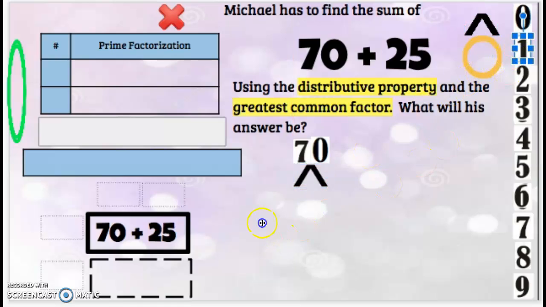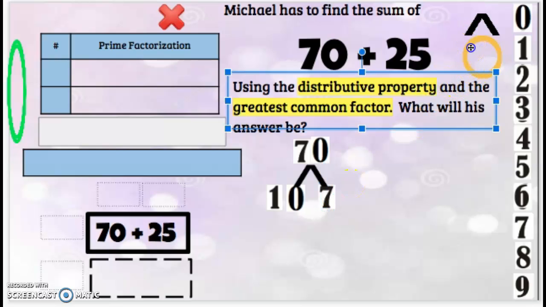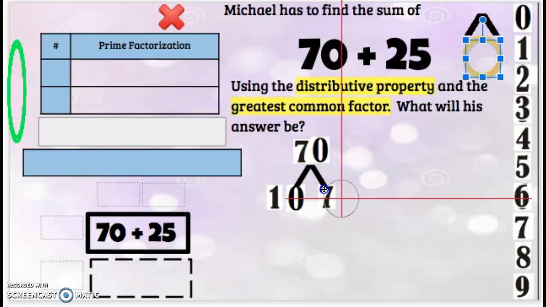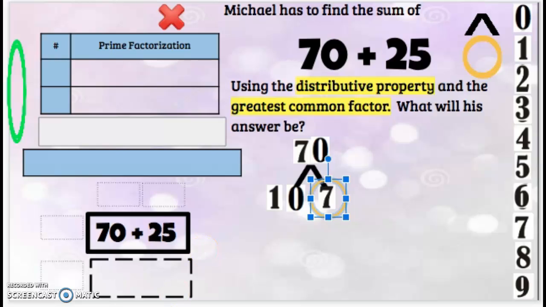And I know that 7 times 10 gives me 70. So I'm going to put that there, break it up. I know 7 is my prime number, so I am going to circle my 7. I know 10 is not prime, so I got to break it down.